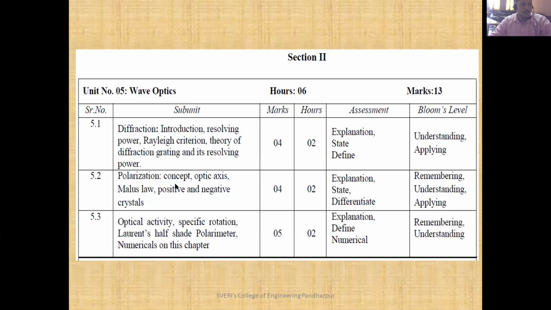After subheading, you can write the subpoints, concept, then optic axis, next point is Malus law, next point is positive and negative crystals. So continue with the next point.